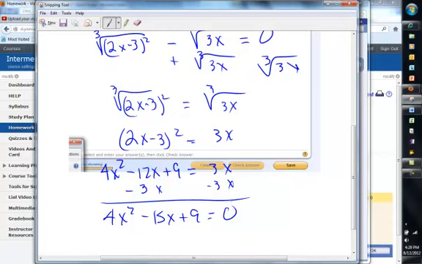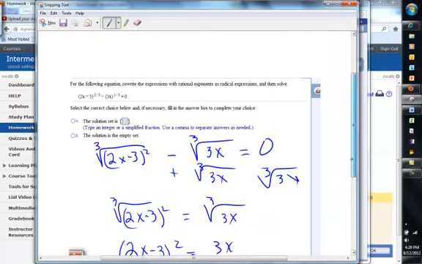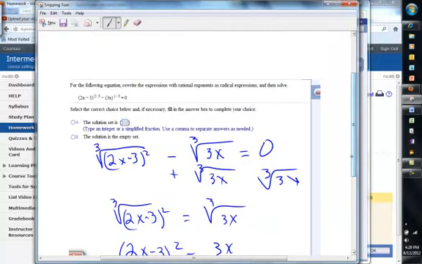Mode 5, 3, and we get 4, negative 15, and 9. And we get x1 is 3, x2 is 3/4.